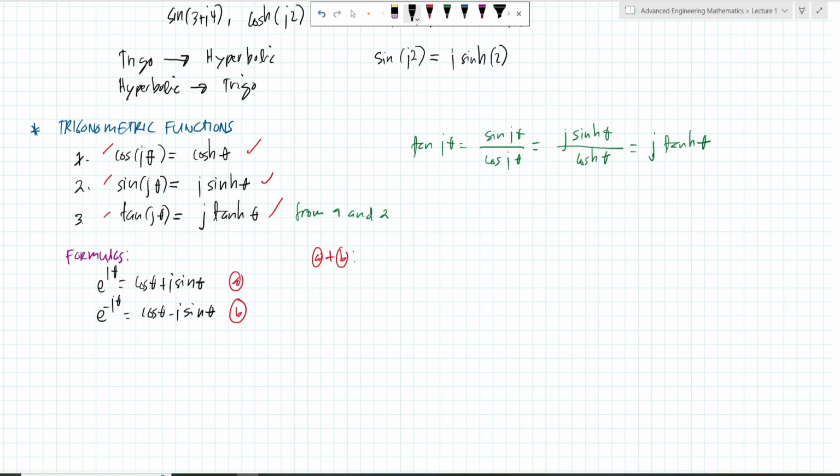The j sine theta cancels, and you get 2 cos theta. So e raised to j theta plus e raised to negative j theta is equal to 2 cos theta. Therefore, cos theta is equal to e raised to j theta plus e raised to negative j theta, over 2. Correct?